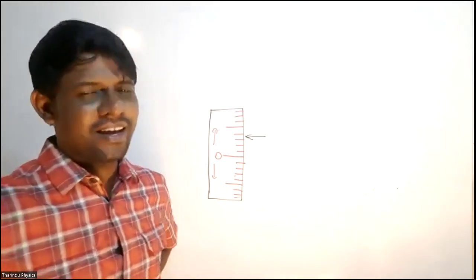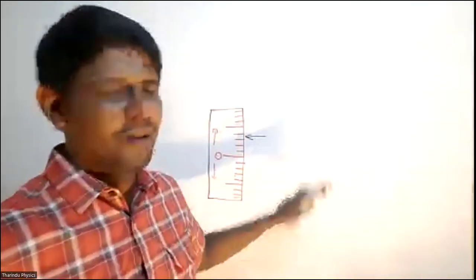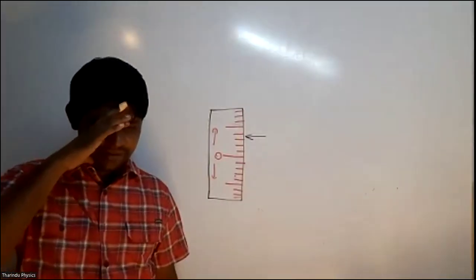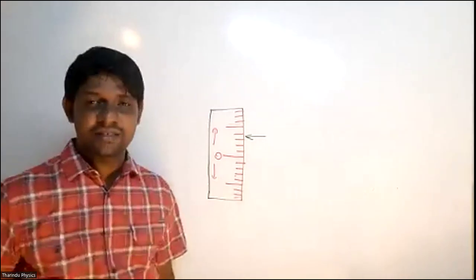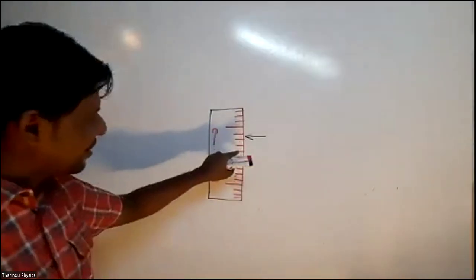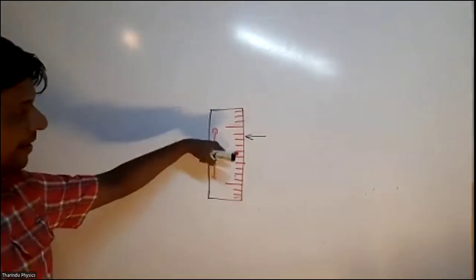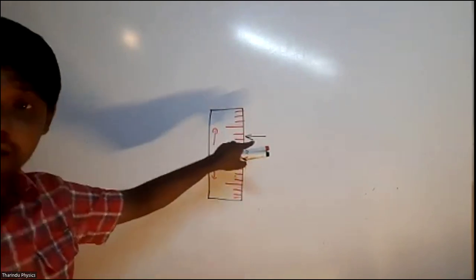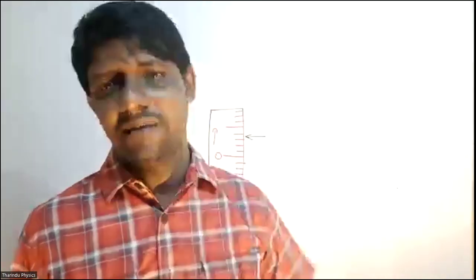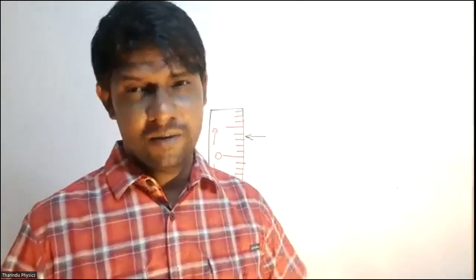Hey, dude, you can't go for point values. How can you read a 0.5 value in here? Is that marked in the main scale? I told you, you can never read anything if it is not marked in the main scale. It is completely forbidden.